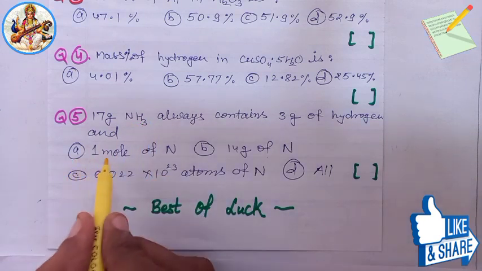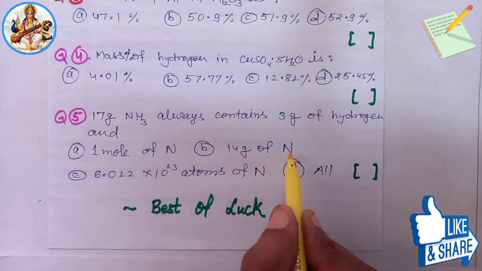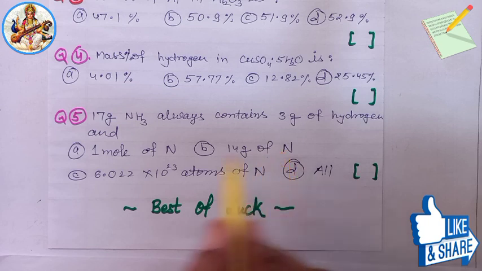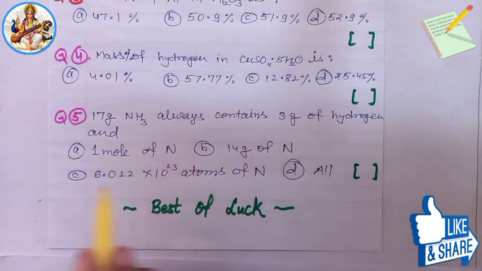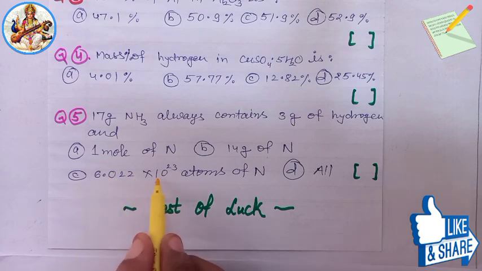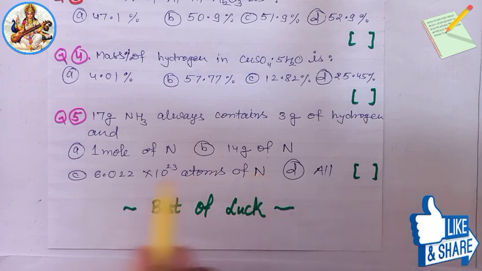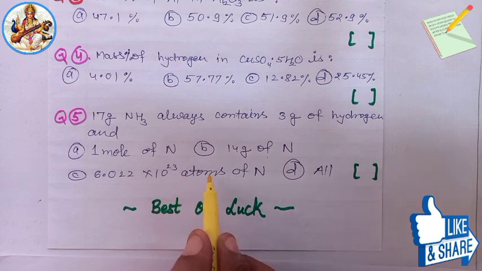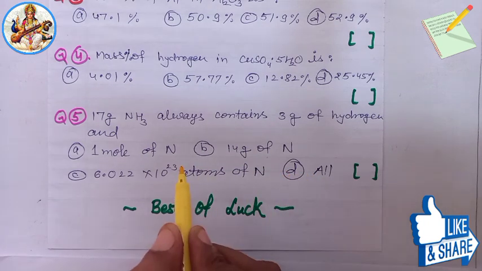So option A, 1 mole of nitrogen. Option B, 14 gram nitrogen. We know that 1 mole of nitrogen means 14 gram. And option C, 6.022 into 10 to the power 23 atoms of nitrogen. We know that 1 mole means 6.022 into 10 to the power 23 particles. And option D, all. So the answer will be option D, all.